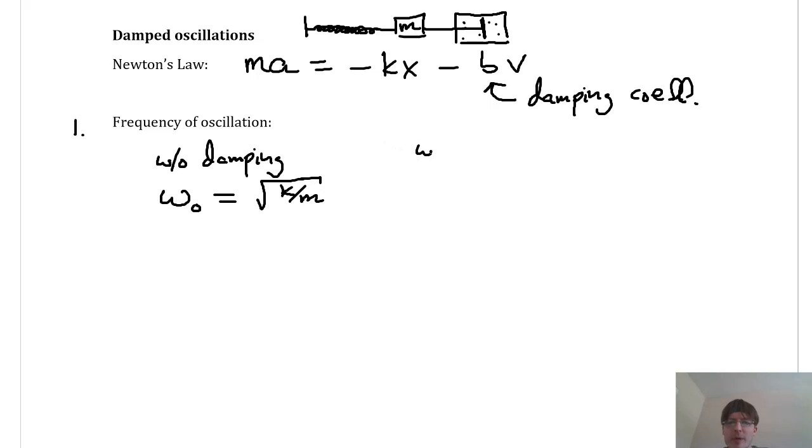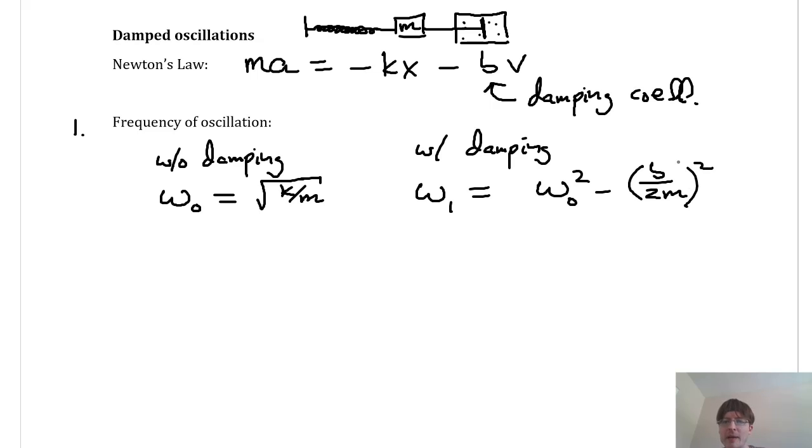However, with damping, the frequency is altered, and the frequency of the motion, which I'll call now omega 1, the frequency with damping is less. And you calculate it by taking omega naught and squaring it, and you subtract off a piece that depends on the damping, it turns out to be b over 2m.